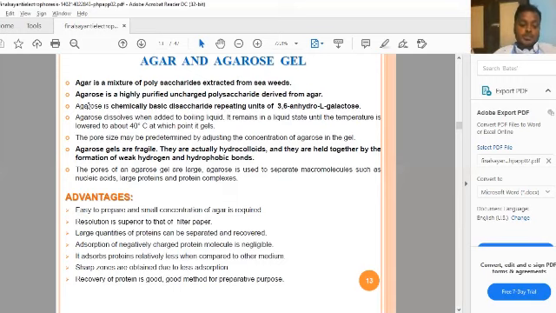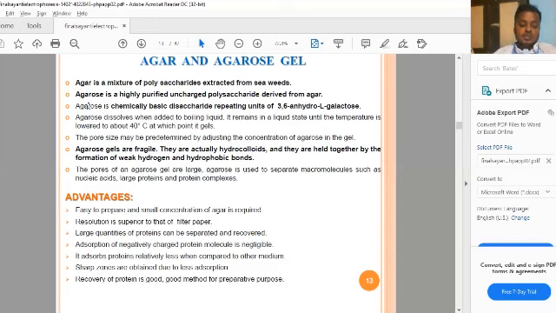A large quantity of protein can be separated and recovered.